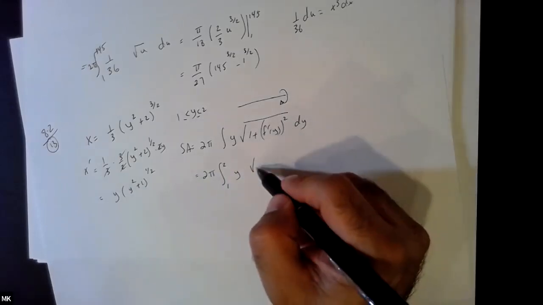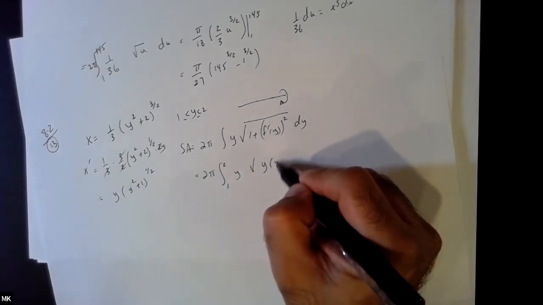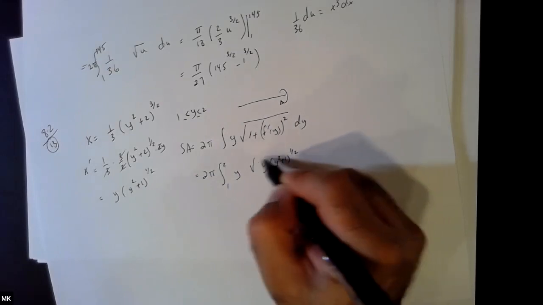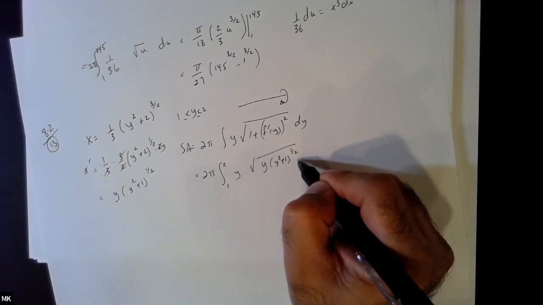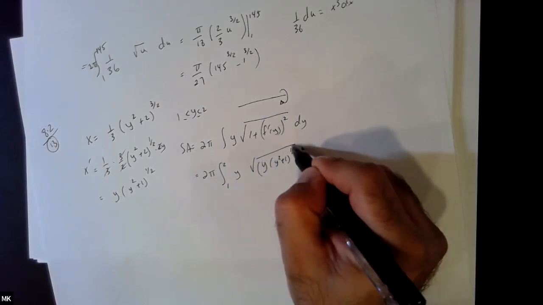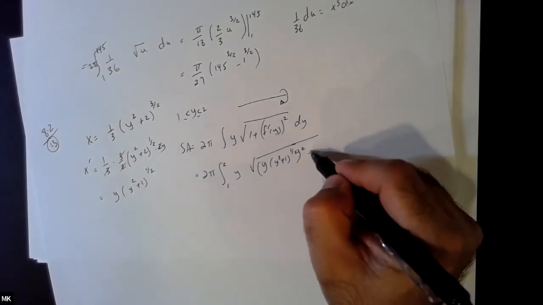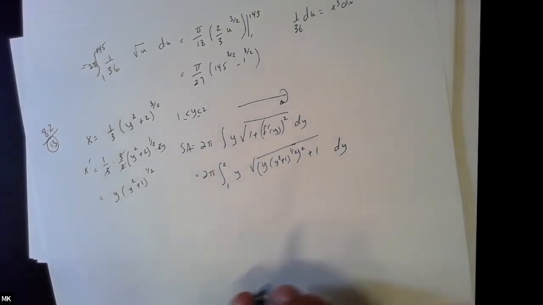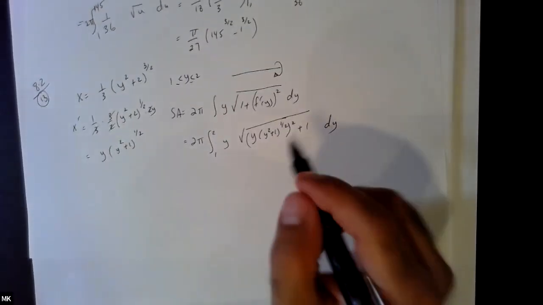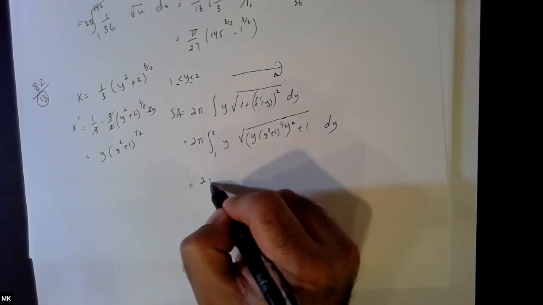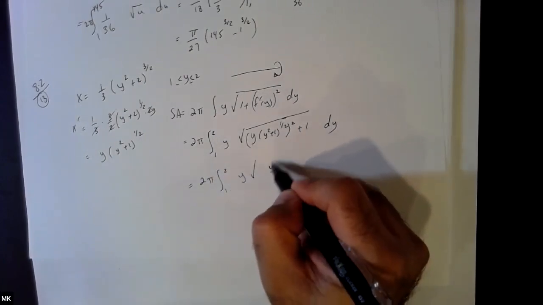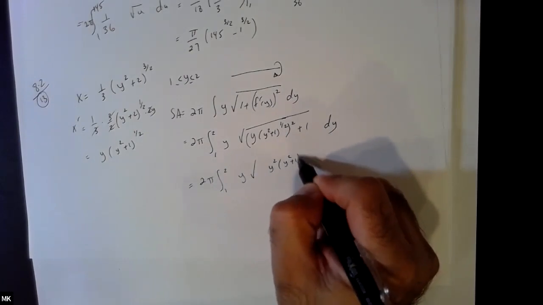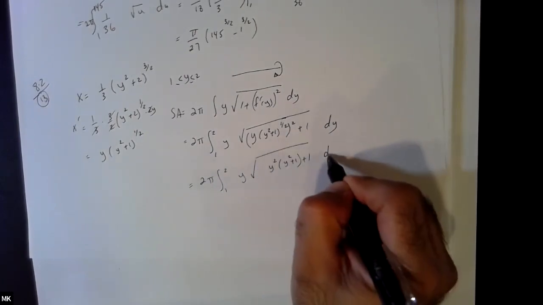Okay, so it's going to be y squared plus 2 to the 1/2, squared, that's your f prime of y squared, plus 1. It's going to be 2 pi y squared plus 2 plus 1.